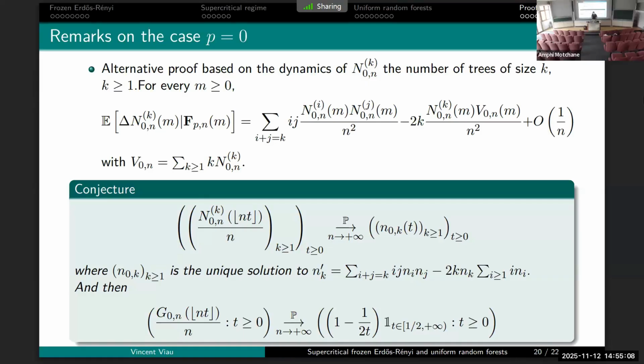So to compute this, we do not need the uniform property of the frozen part of the graph, the frozen forest. Okay, but it remains uniform. It's just that you don't use it. It remains uniform. Yeah. Thank you.